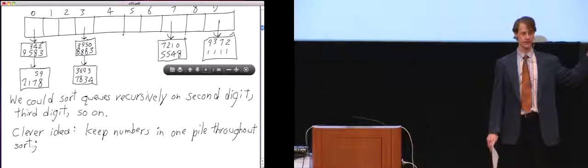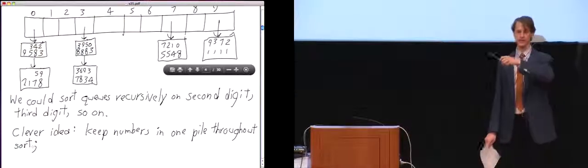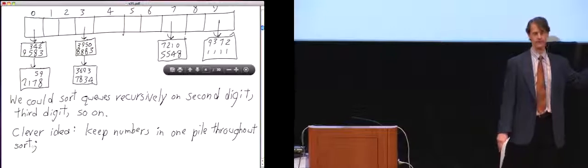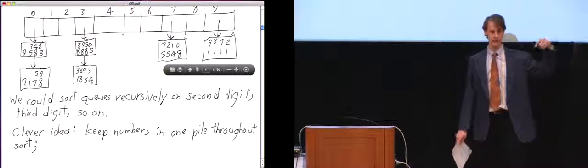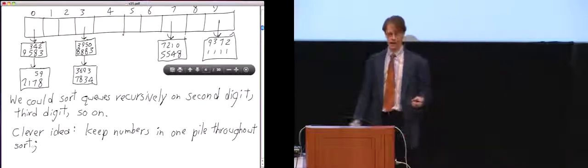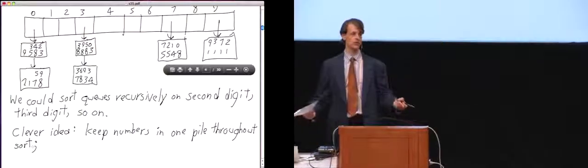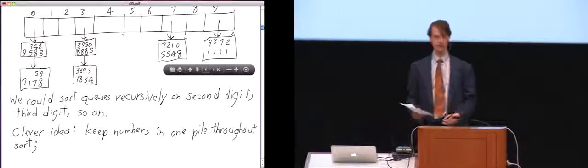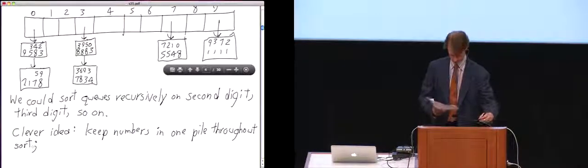the least significant digit. Instead of sorting on the first digit first, we sort on the last digit first, then the second last, then the third last, then the fourth last, and so on up to the first digit. We sort on the first digit last.